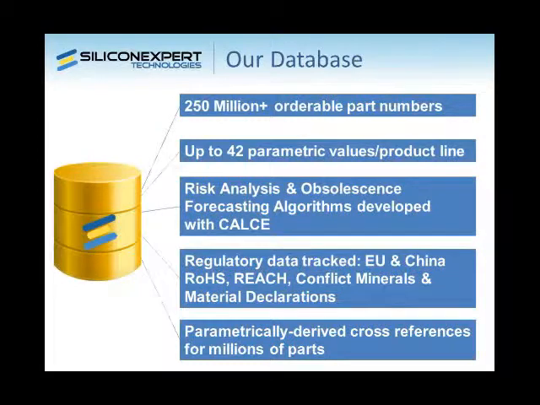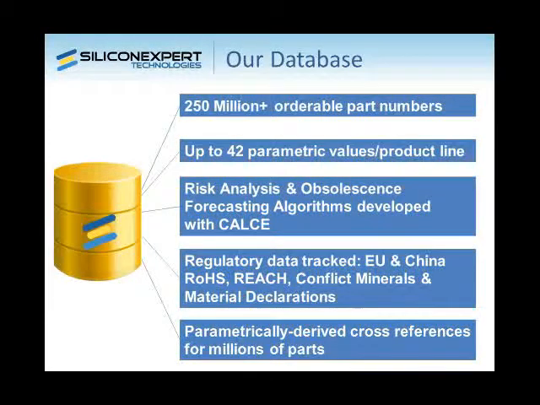The database itself is compiling data from 250 million plus components. That's the manufacturer part number. You can also have internal part number information in the tool using a customized version. Up to 42 parameters are compiled into each part detail page.